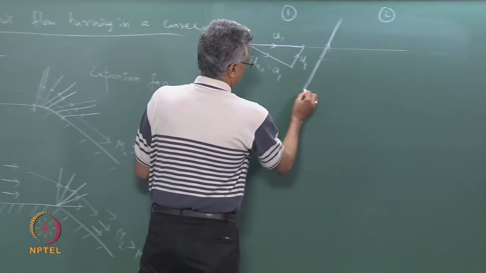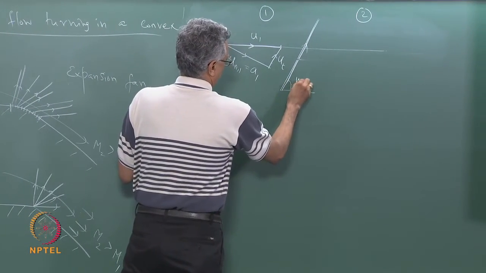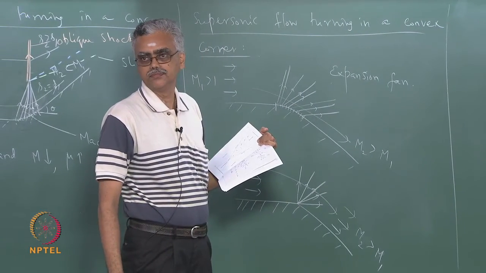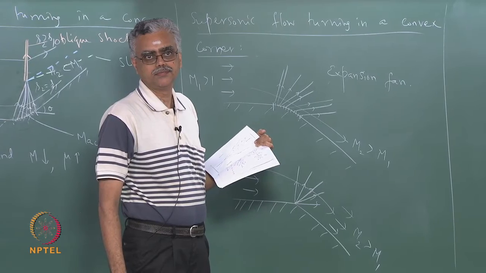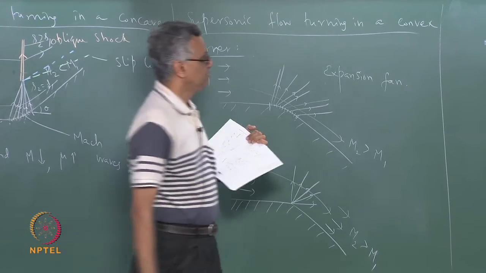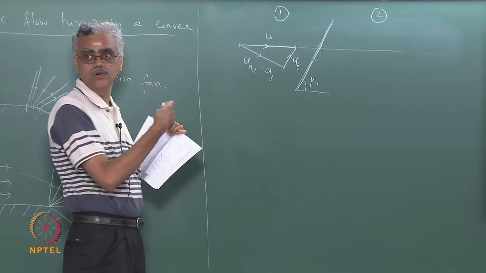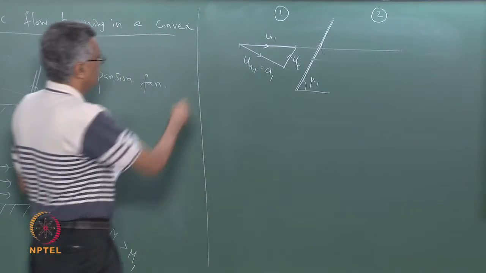And this angle is the wave angle mu1, correct? So as I said, the observer sees two components, one U1 and another one normal to the wave. That is what we have sketched here.